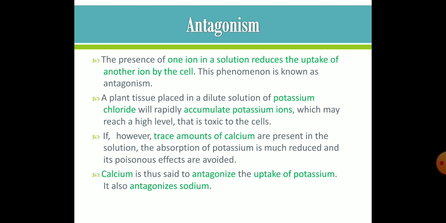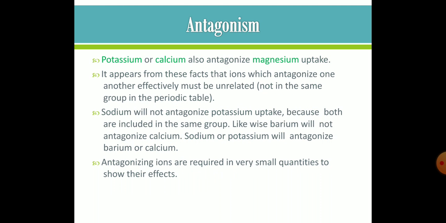If, however, trace amounts of calcium are present in the solution, the absorption of potassium is reduced and its poisonous effect will be avoided. Calcium is thus said to antagonize the uptake of potassium, and it is called the antagonism mechanism. Similarly, potassium, calcium and magnesium are involved in this process.